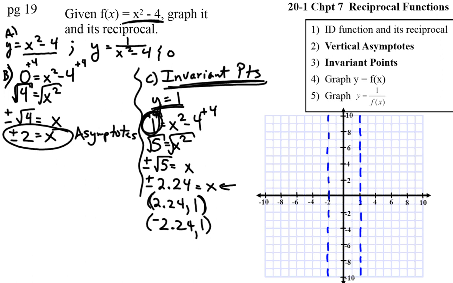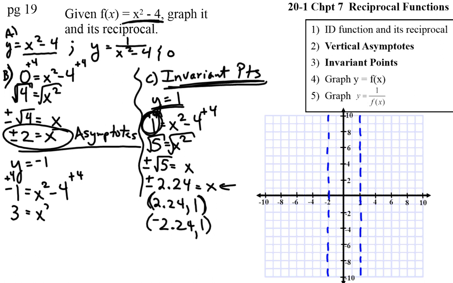Now I need the other invariant points, because invariant points also occur when y is negative 1. So here we go. Y is negative 1 for x squared minus 4. Add 4 to both sides. 3 equals x squared. I have to square root both sides, which means I have x, and I have the positive and negative of root 3.